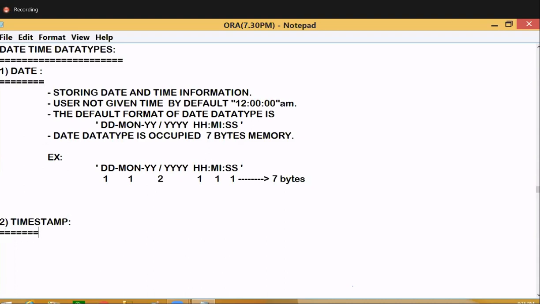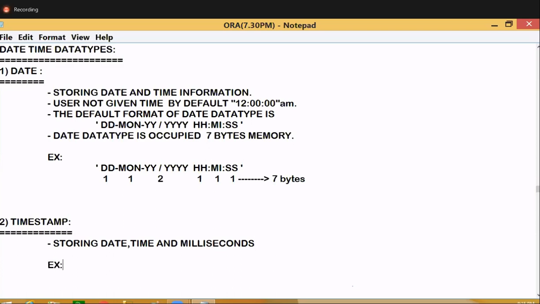But what about timestamp? Timestamp stores the date, the time, and along with the time it also stores milliseconds.